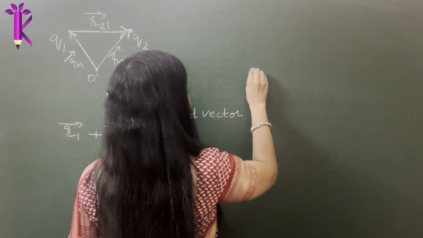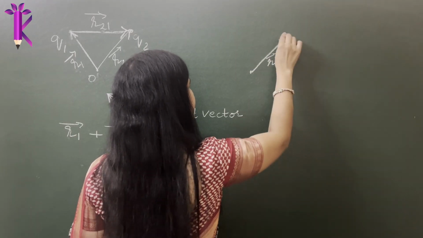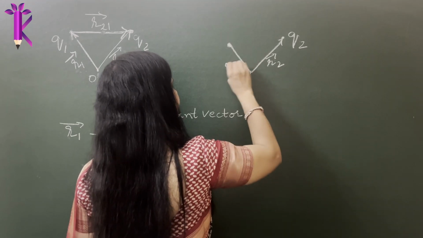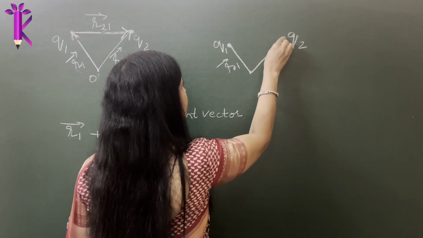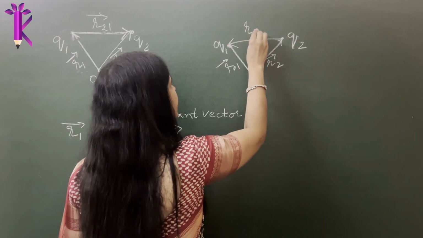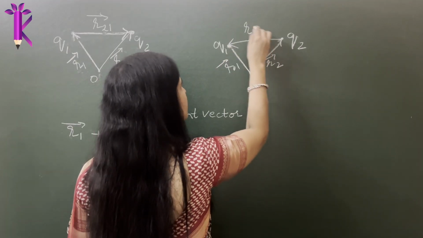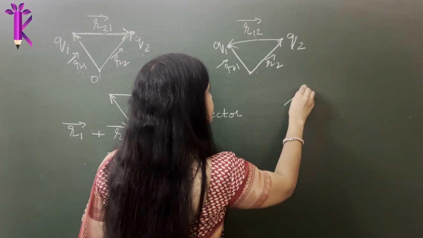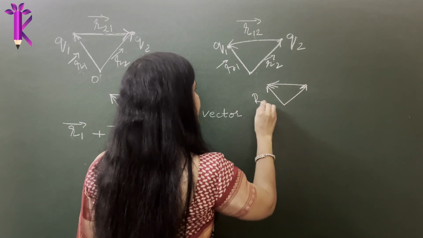Similarly, this is R2, which was the earlier vector pointing towards Q2, and this is R1 pointing towards Q1. Suppose now I want to draw from 2 to 1. Since it is going towards 1, I write 1 first: the vector pointing towards Q1 from 2 will be R12. So these form a closed loop. It goes from here to here, so this becomes the resultant vector.